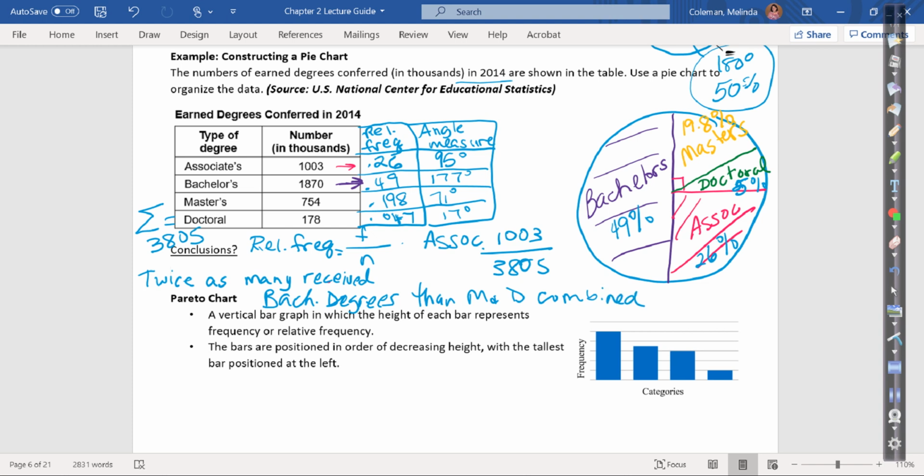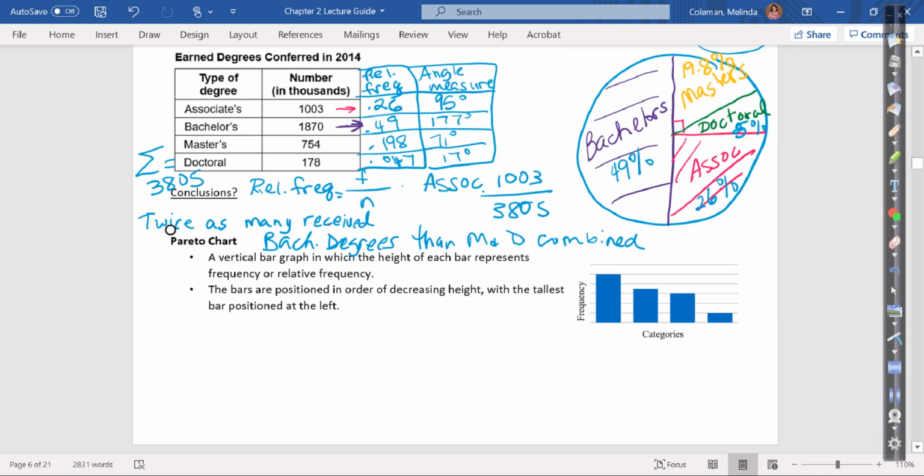So a lot of times there is data that you can look at and make interpretations that are different than what somebody else interprets the results as. And it's okay as long as it is a legitimate interpretation.